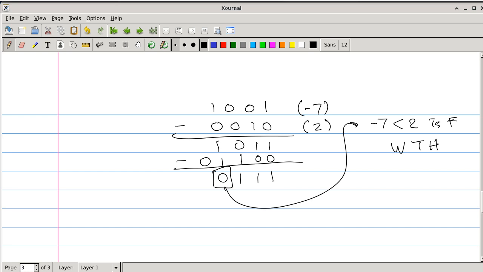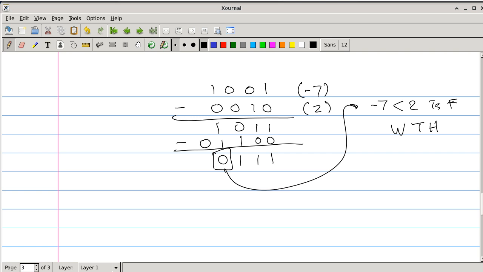Okay? So we look at all the possible situations and we say, under what situations does the sign of the difference make sense, and under what situations does the sign of the difference not make sense? So let me label these things. We'll look at only these bits. Different colors. Okay, let me fix the color here. So we only look at the sign bit of the minuend, subtrahend, and the difference.